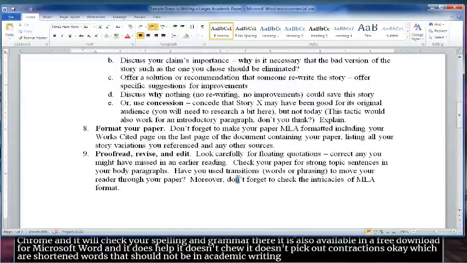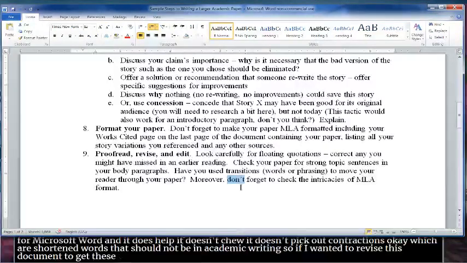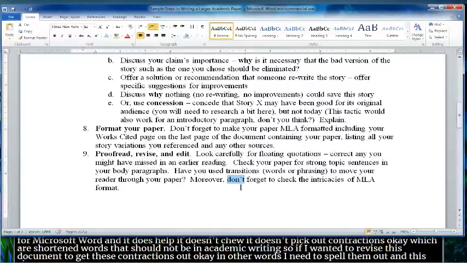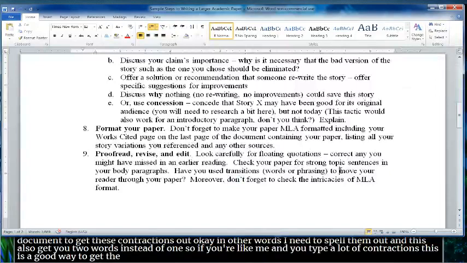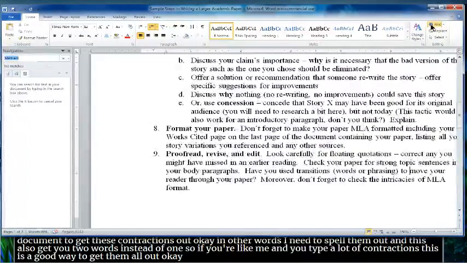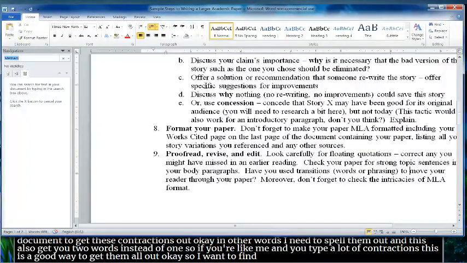So if I wanted to revise this document to get these contractions out, in other words, I need to spell them out. And this also gets you 2 words instead of 1. So if you're like me and you type a lot of contractions, this is a good way to get them all out.